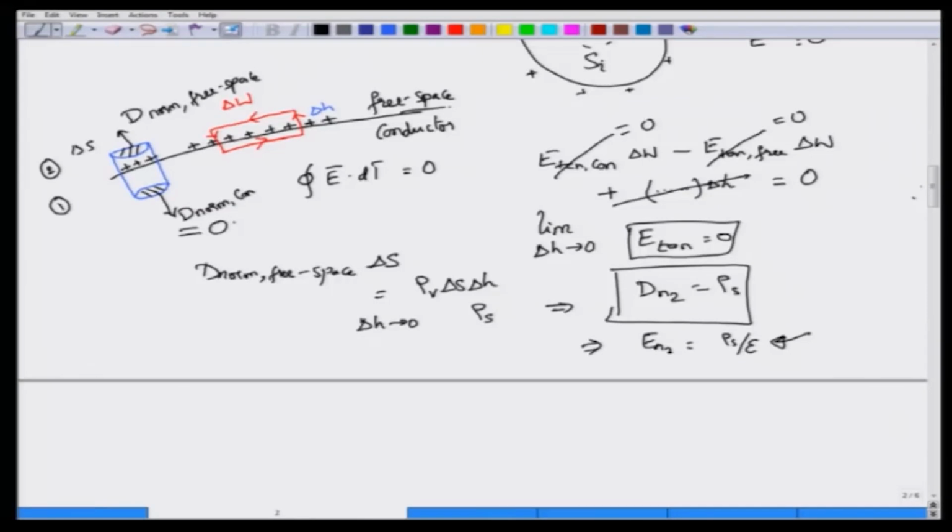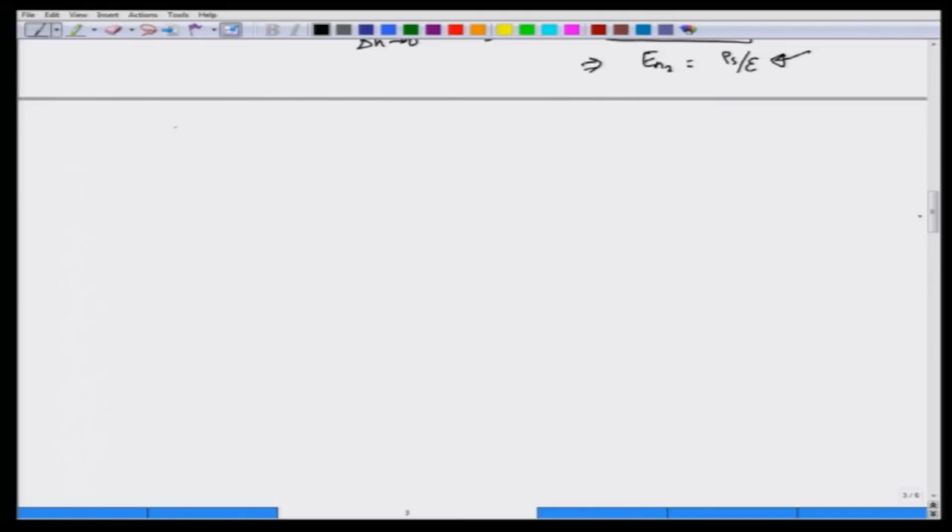All right. Now, we summarize what we have learnt about the conductor. Let me write down these 3 points. Conductors have no internal fields, that is, no electric fields inside. E is equal to 0.